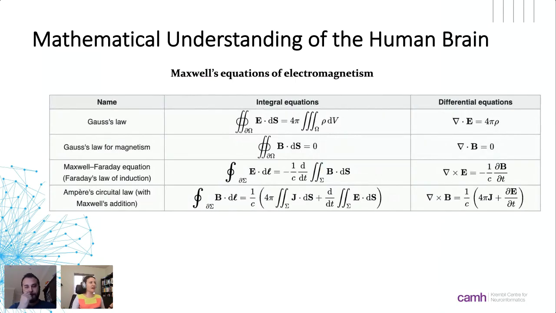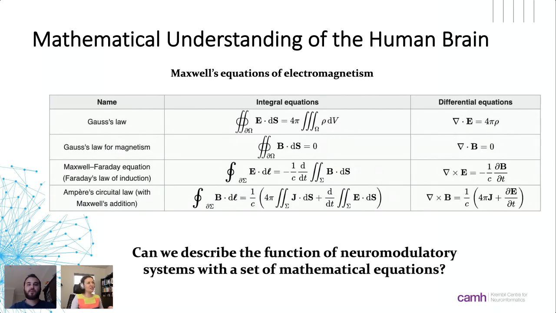An example of that are the Maxwell equations of electromagnetism. Of course, I won't go into Maxwell's equations in this talk, but rather start by posing the question, can we describe the function of the neuromodulatory systems using a set of mathematical equations?